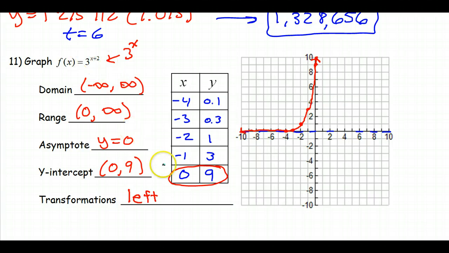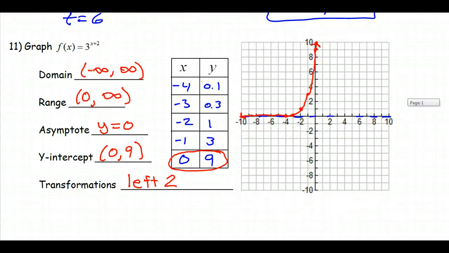So that +2 is actually a translation left 2. Okay? If this were -2, it would be to the right. Remember that if I had numbers added onto the end, like if I had a +5 out here or something, that would be up 5. But there's none of that on this particular problem. So we're done with number 11.